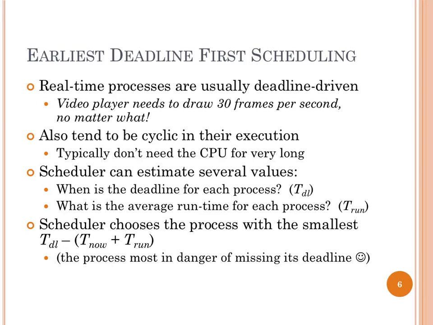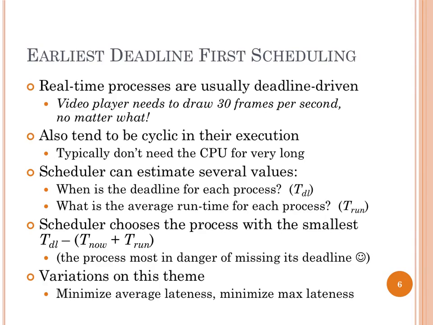It can say, how long do you hold the CPU before you yield it? And so it can estimate the runtime. As long as it knows the deadline time, then it can go ahead and start tuning to the process's needs relatively easily. Okay, so there's some of this stuff it's best to be told. Some of it you can actually figure out on your own. Okay, any questions about this?